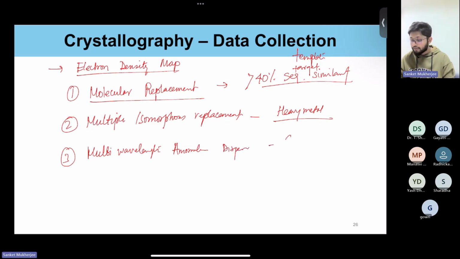So there is a synchrotron radiation source which will convert methionine to selenomethionine, and it will again change the diffraction data. Based on this, when you get this diffraction data, you get the electron density map, which is then resolved to form the 3D structure of the protein.